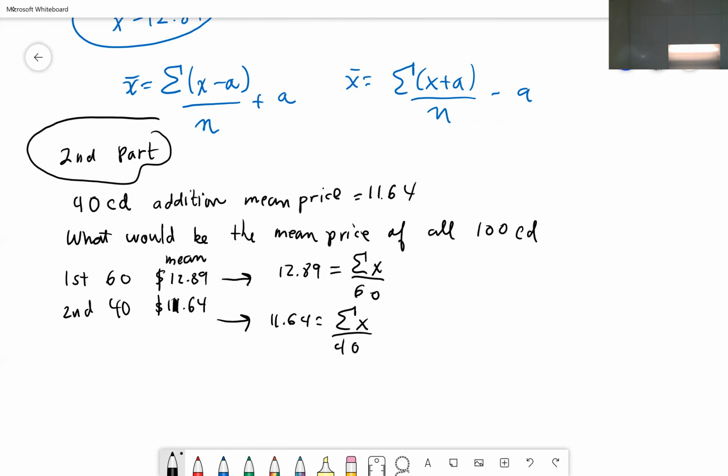So you would have to figure out each of those sums, add them together. No, you don't just add them. You should see that the sum of x equals 60 times 12.89 for this one, and the sum of x for this one equals 40 times 11.64.